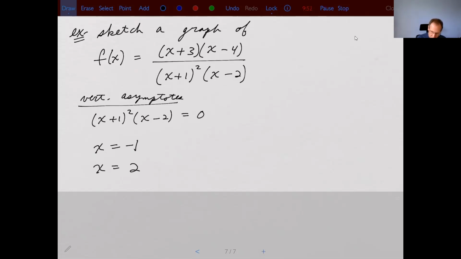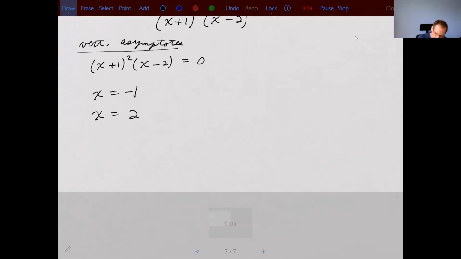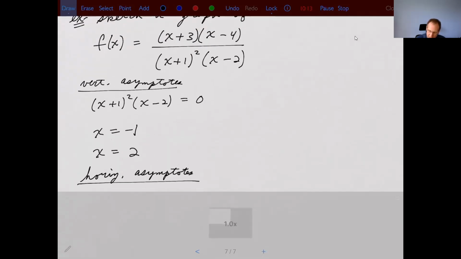All right, horizontal asymptotes. How do I find those? Well, I have to look at the ratio of the leading term of the numerator to the leading term of the denominator. If I were to expand this out, the leading term of the numerator is going to be x times x, so x squared. And of the denominator, I have x plus 1 squared, so that's x squared times x.